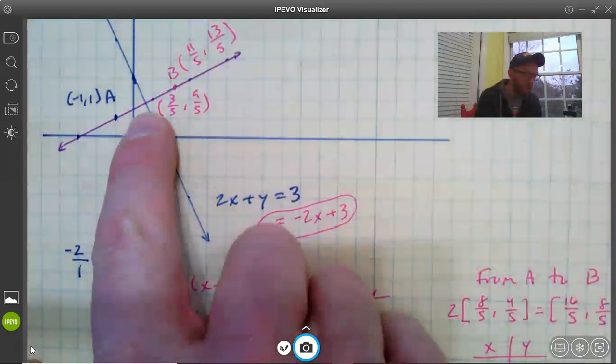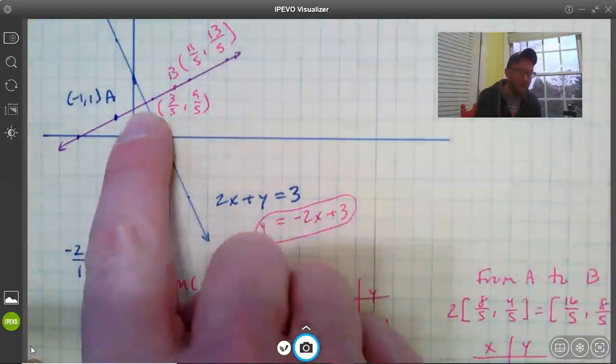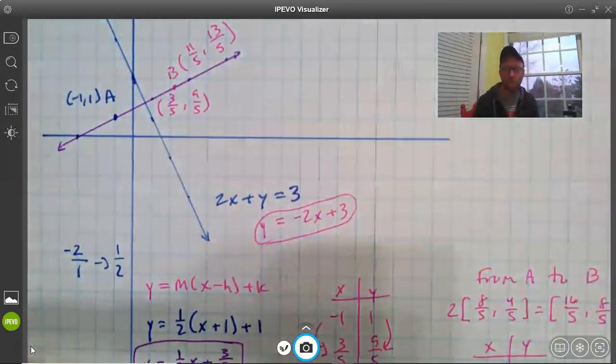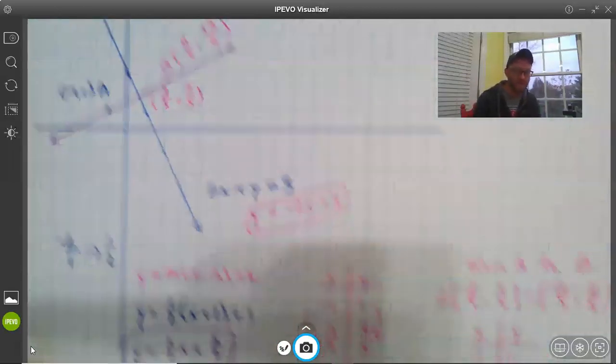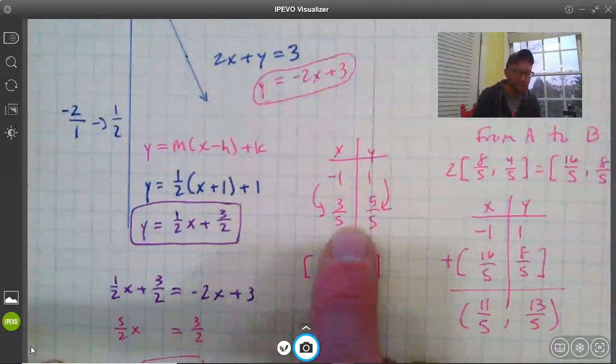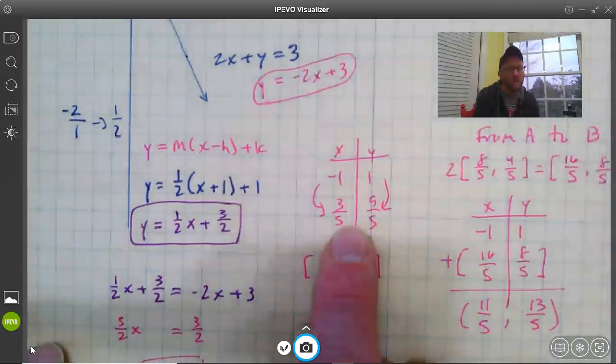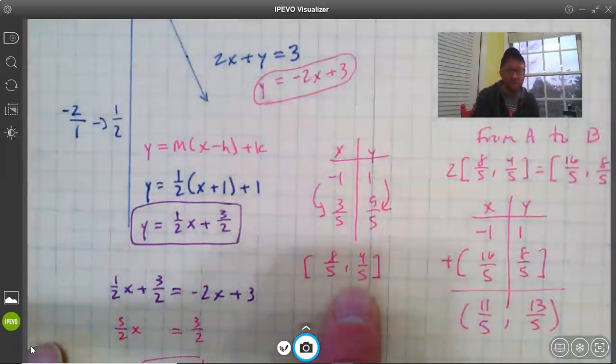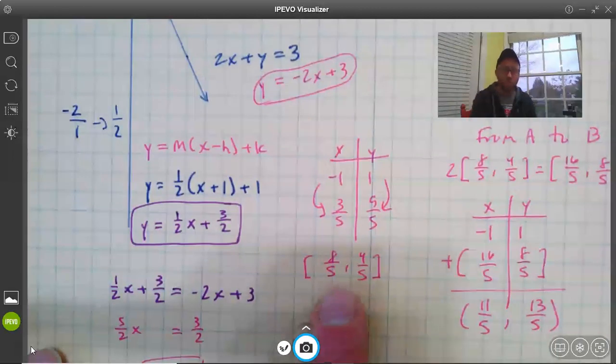So once I find those, I want to find the vector from A to the point of intersection. What is that movement in the coordinate plane from A to the point of intersection described as a vector? We just go end minus start equals change to find that vector, and it was (8/5, 4/5), so travel forward 8/5 of a space and up 4/5 of a space.